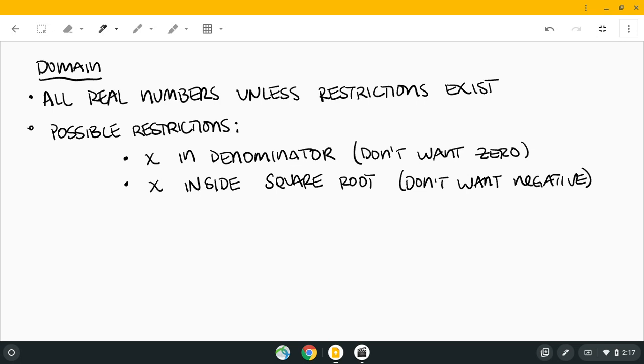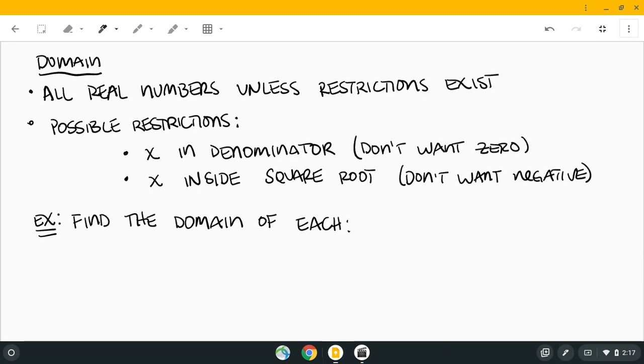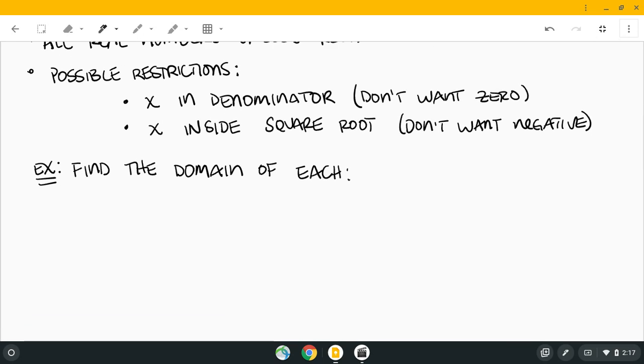All right, so let's take a look at some examples. Let's find the domain of each. Okay, so we'll do 3 examples.